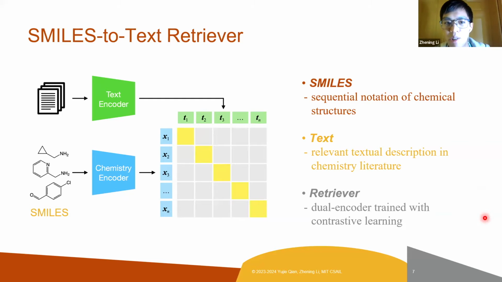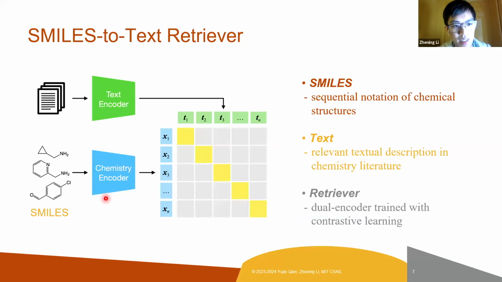So now I'm just going to go into a bit more detail on the two components of the model architecture. The SMILES to text retriever consists of the chemistry encoder as well as a text encoder. The text encoder takes a paragraph of text and embeds it into an embedding T_i.